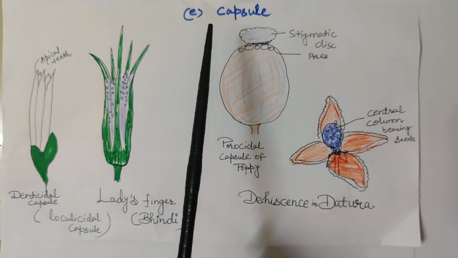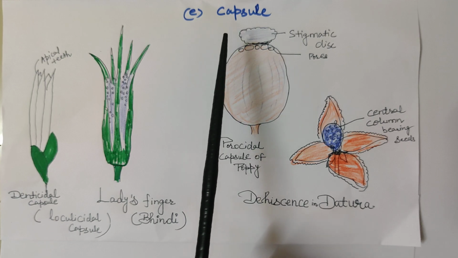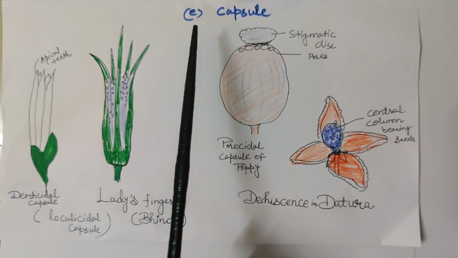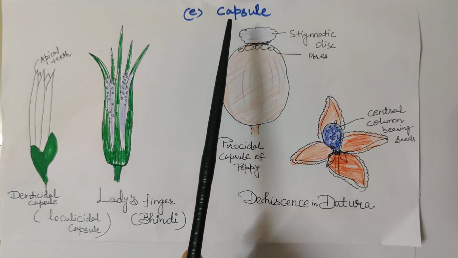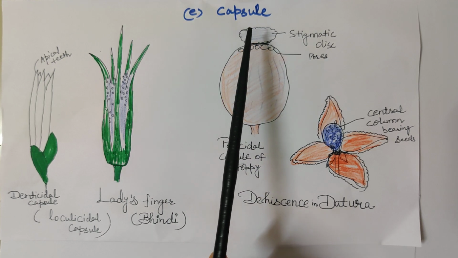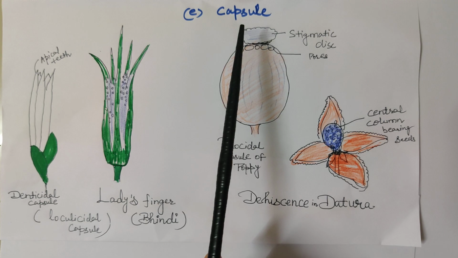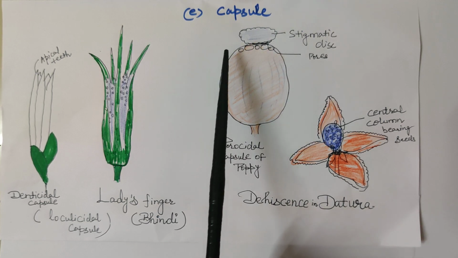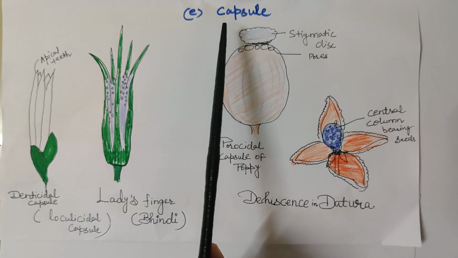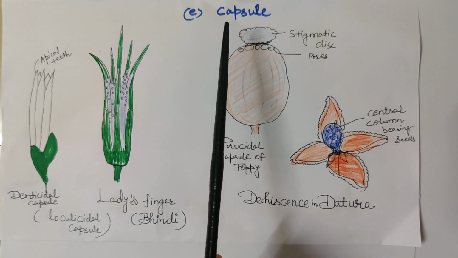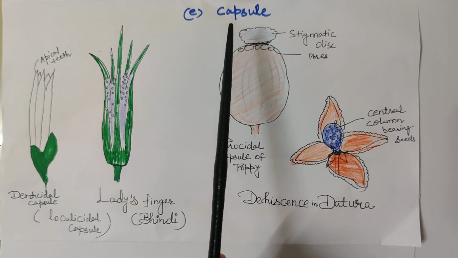The last type under simple dry dehiscent fruit is capsule. Capsule includes capsular fruits other than legume, follicle, siliqua and silicula.